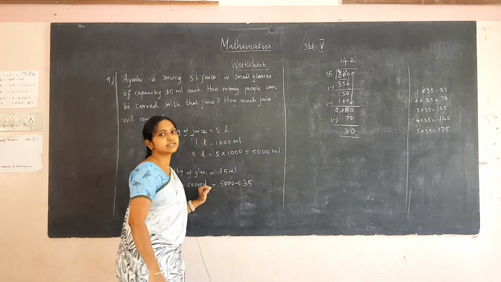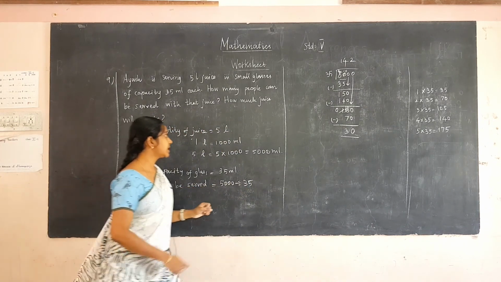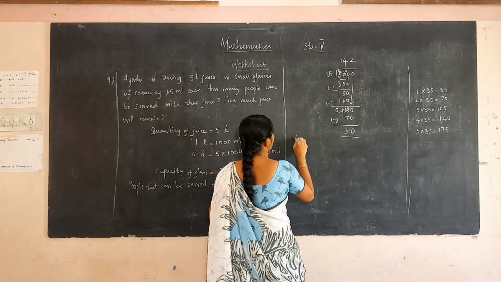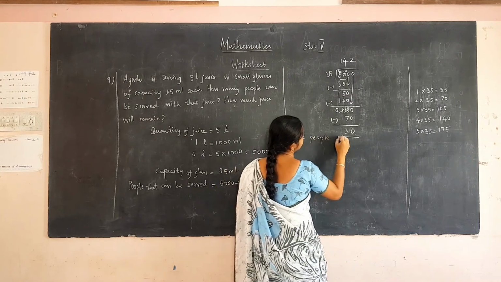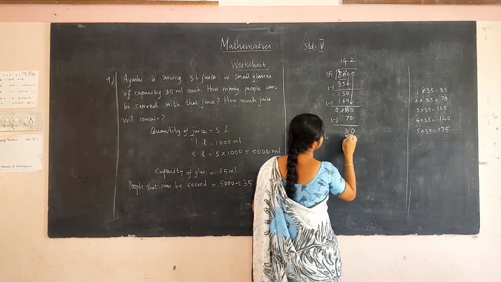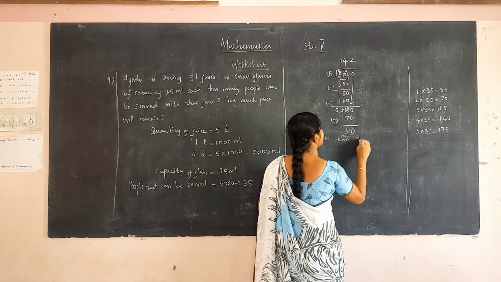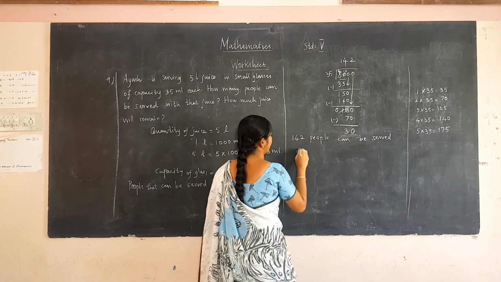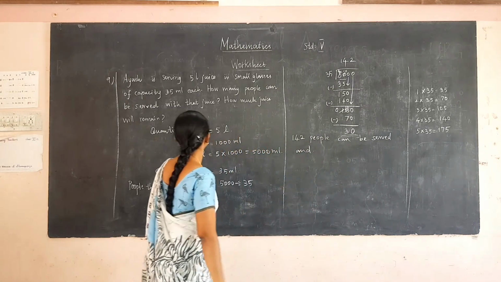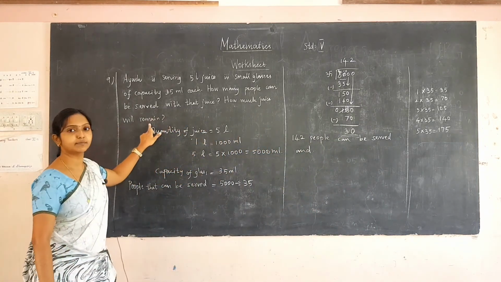The quotient is the answer. The number of people who can be served is 142 people, and we have to find how much juice will remain.